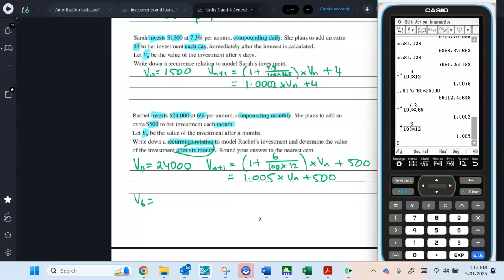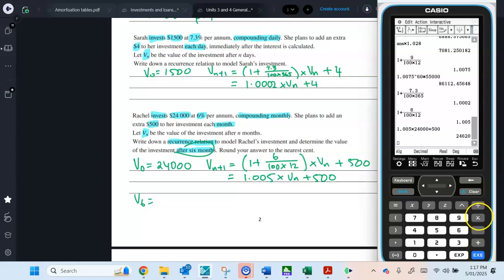So I might show you all 3 ways for this question. So first of all, on your calculator, let's use the recurrence relation. 1.005 times our initial value plus 500. All right, so that's V1.